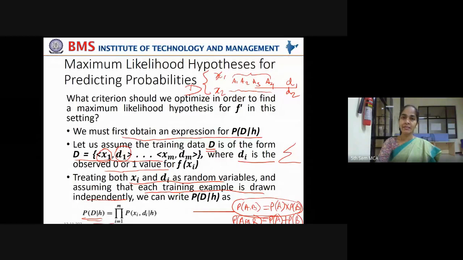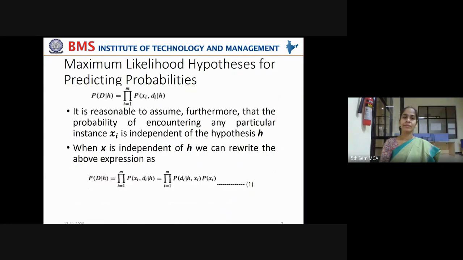Now you are including xi also because you want to explain the uncertainty in the predictions. That is why you are using P of xi, comma, di given h instead of simply di given h. Now it is reasonable to assume furthermore that the probability of encountering any particular instance xi is independent of the hypothesis h.